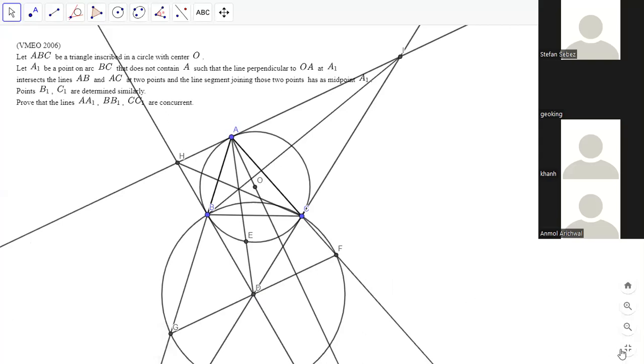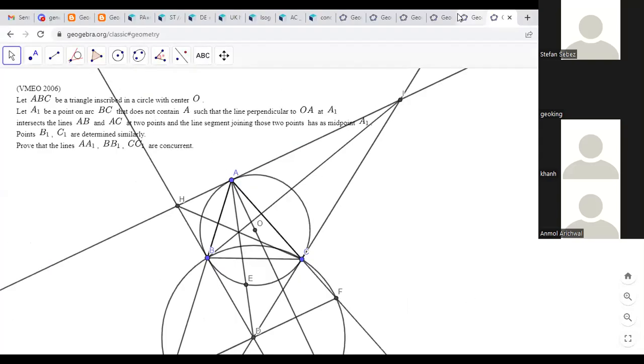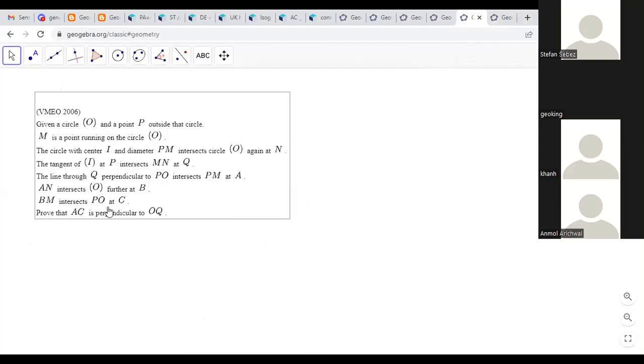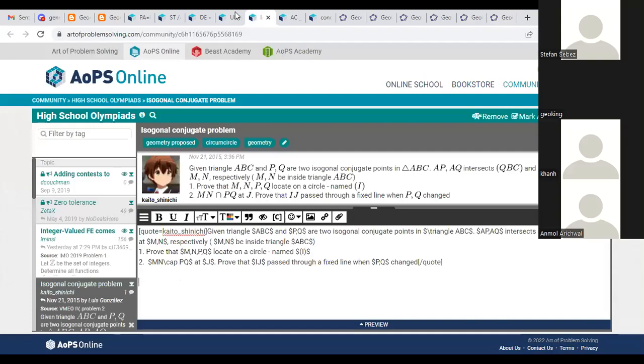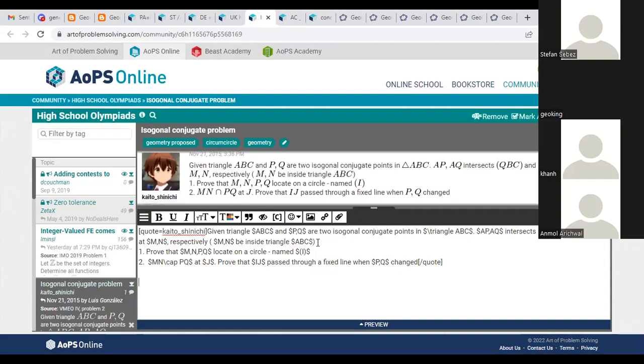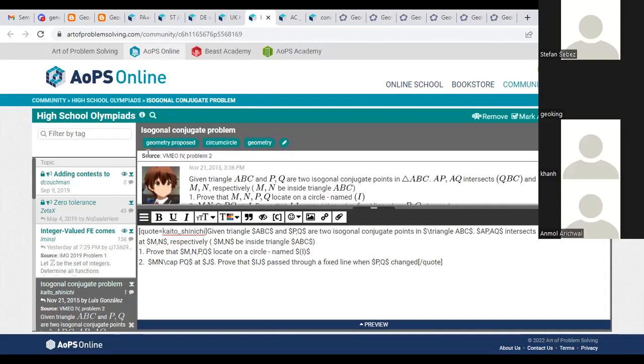I'm just curious. Let's see what the other prompt said. This is going to take a little while to construct. There was another fixed point problem, I think. I just didn't do it. Let's see. This is VMEO problem 2.